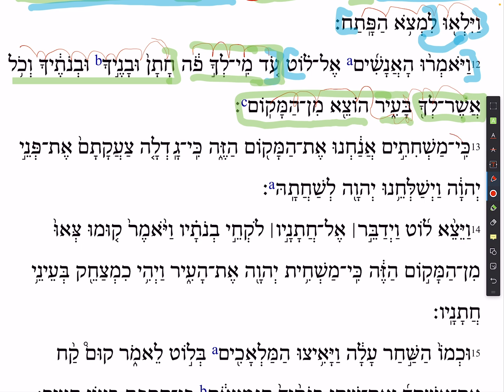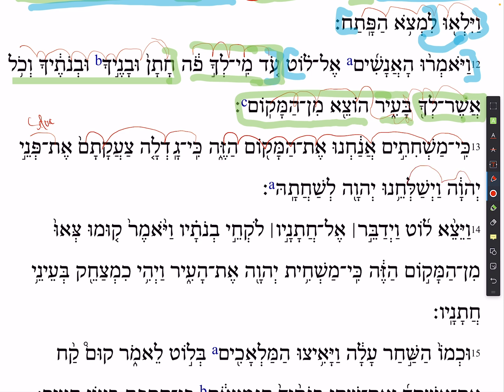Verse 13. Because destroying are we this place. Because great is the screaming of them before, et pene, that's a compound, meaning before Adonai.